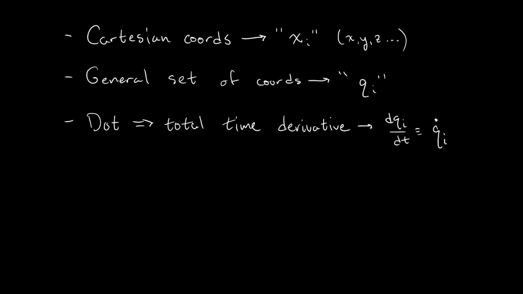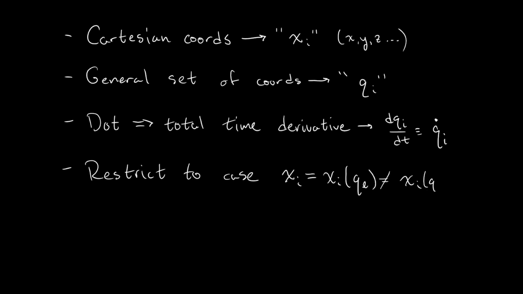Like we said, we don't want any time derivatives to show up in our potential energy. We don't want any velocities, accelerations, any of that. So we'll restrict to the case where I can write my Cartesian coordinates in terms of just the generalized coordinates, not any q_i dot, q_i double dots, etc. I don't want any of that showing up in my coordinate changes.